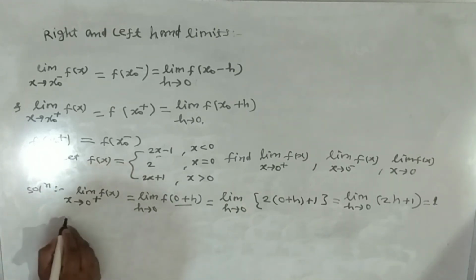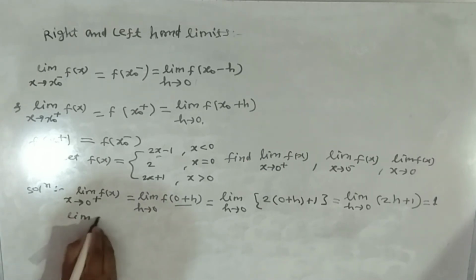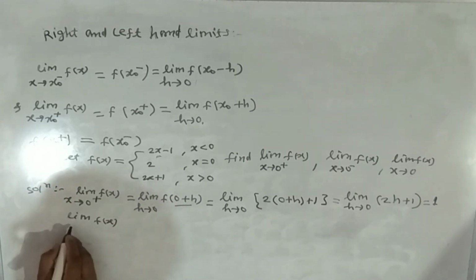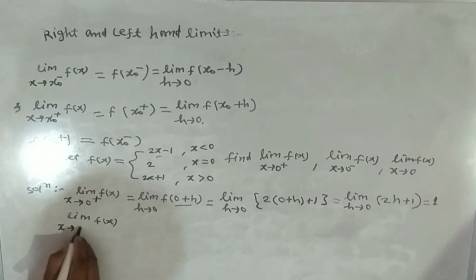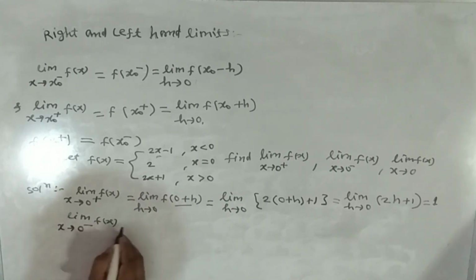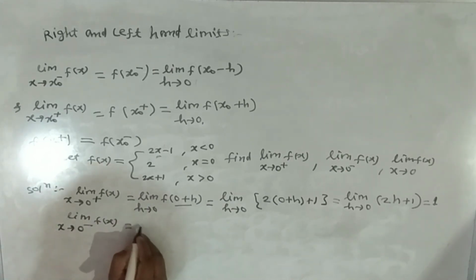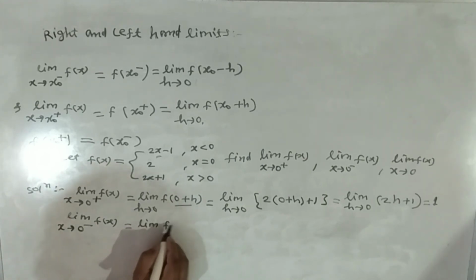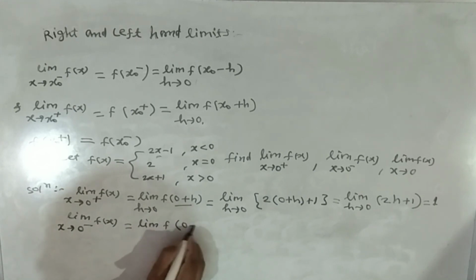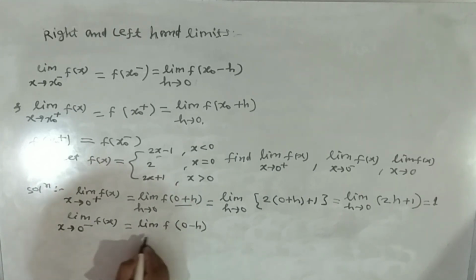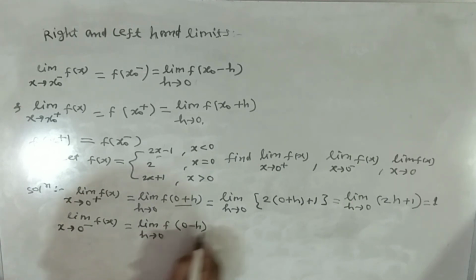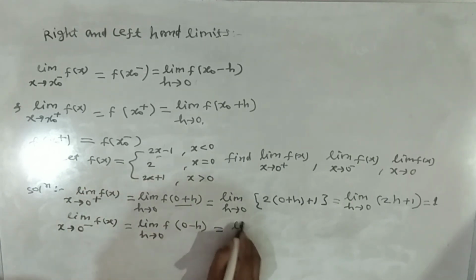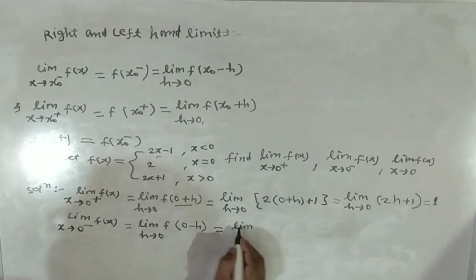Now the limit of a function f of x as x tends to 0 minus, that is the left hand limit, is equal to the limit of f of 0 minus h as h tends to 0.